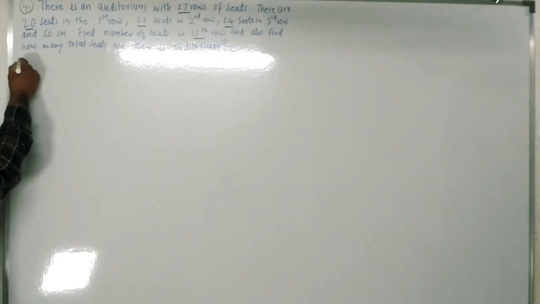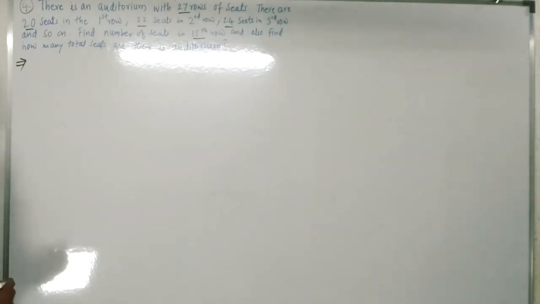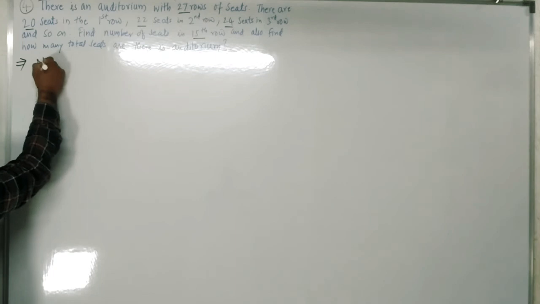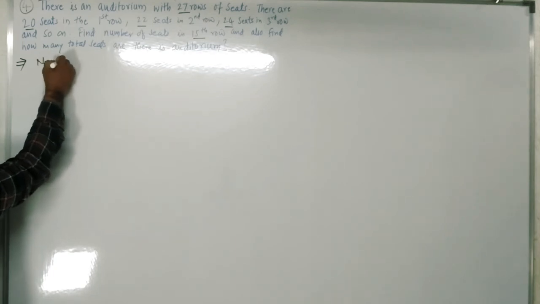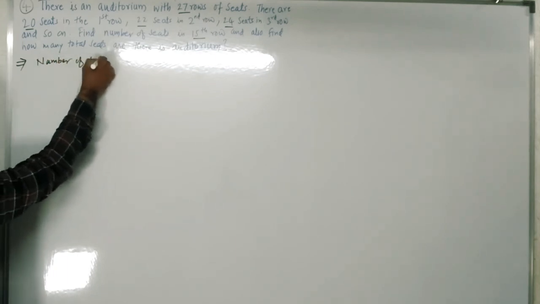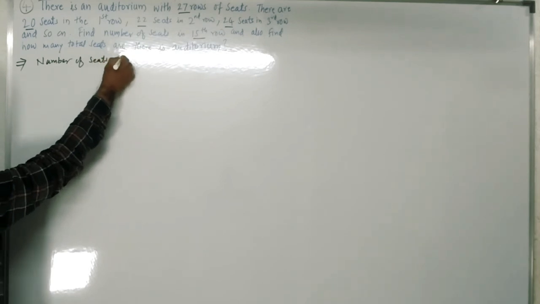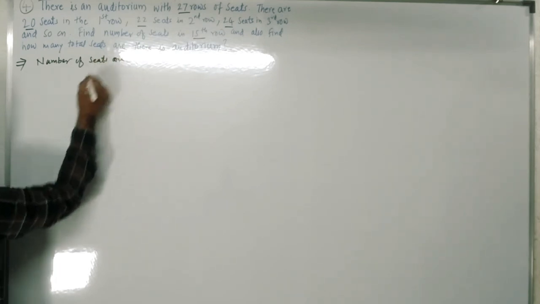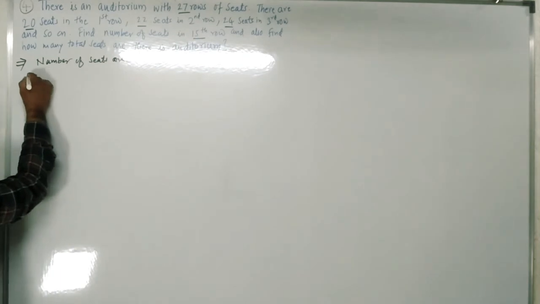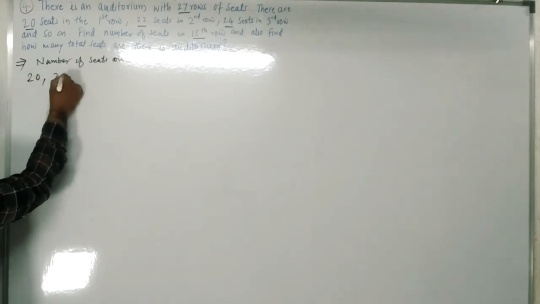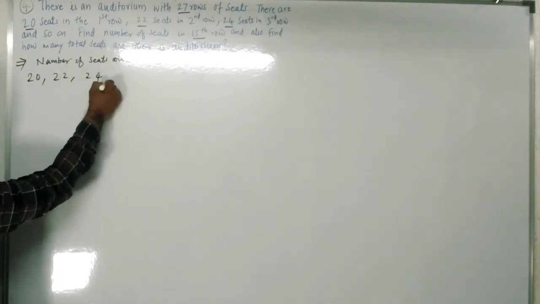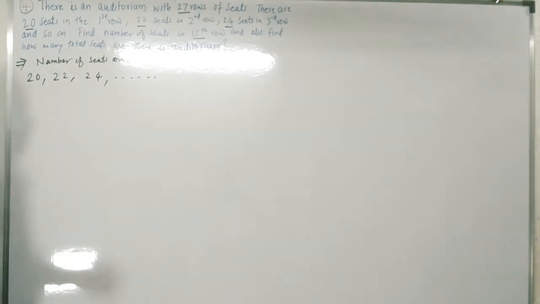So first, the number of seats arranged in the auditorium are 20 in first row, 22 in second, 24 in third, and so on.